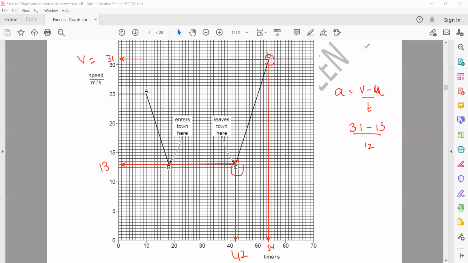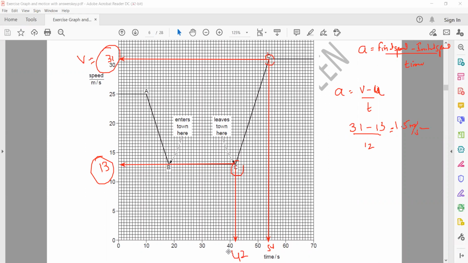The formula for acceleration is the final velocity or final speed minus the initial speed, divided by the time. So the final speed is 31, the initial speed is 13, and the time interval is 12. So we get this acceleration as 1.5 meters per second squared.